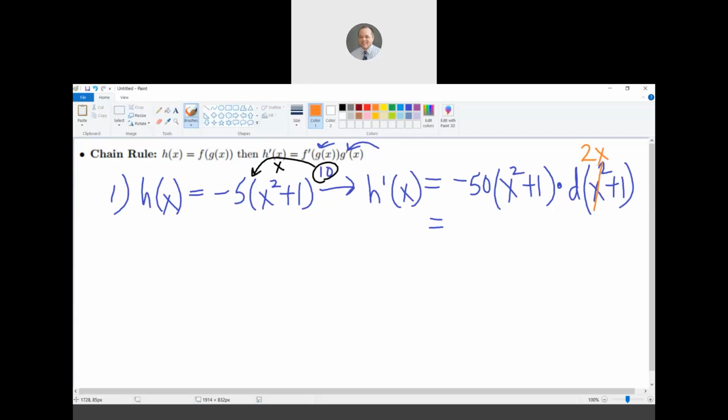And the derivative of 1 is a constant, so it's automatically 0. Now, when we multiply 2x by -50, we get our final first derivative of -100x times x squared plus 1.